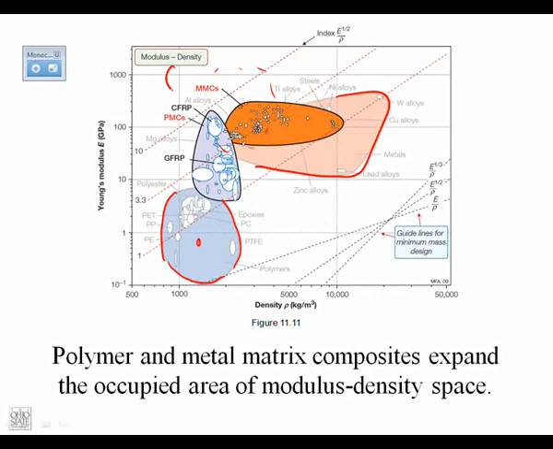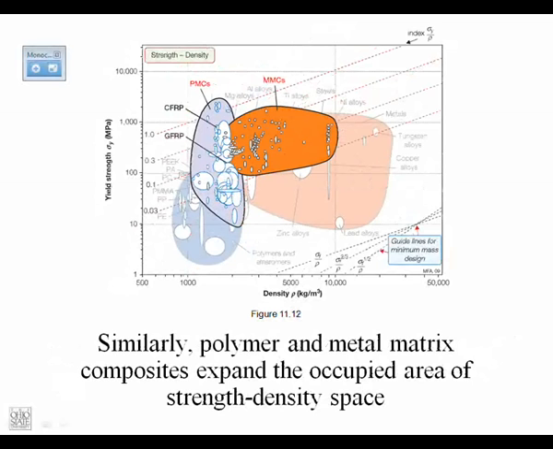Yeah, up in this quadrant. That's the sweet spot, that's where we want to be. And so composites allow us to move in that direction in terms of the materials we have available and what properties they have. Same thing with strength versus density with metal and polymer composites.